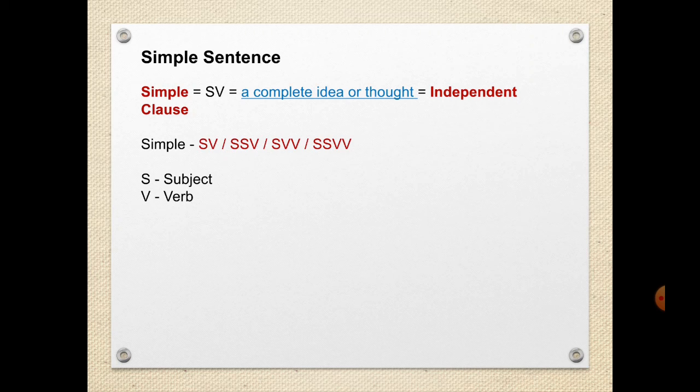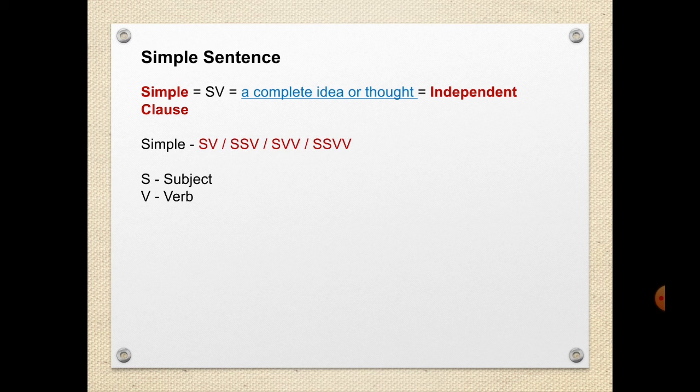It means that a simple sentence must have at least a subject and a verb, and at the same time, it conveys a complete idea or thought.